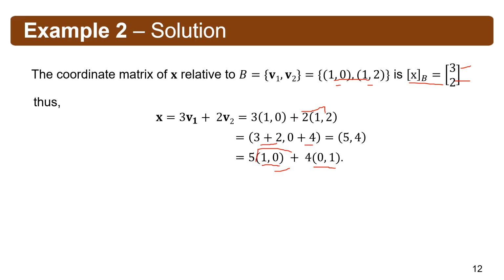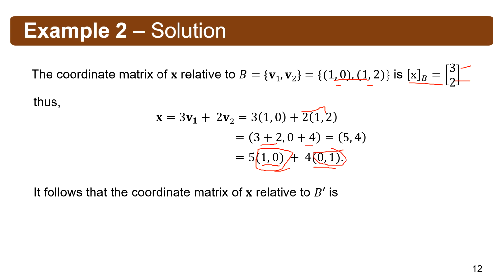And you see here, these are the standard. Okay? So it follows that the coordinate matrix of x relative to B prime, relative to the standard basis, is (5, 4). Okay, so that's the result.